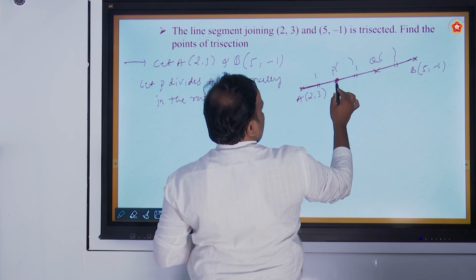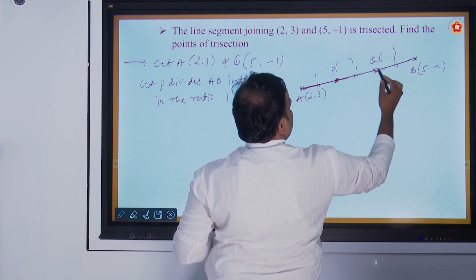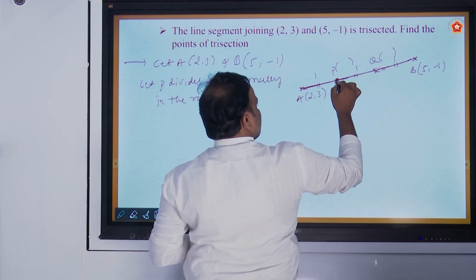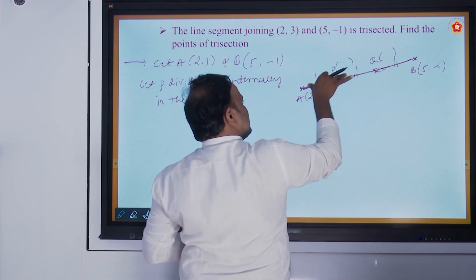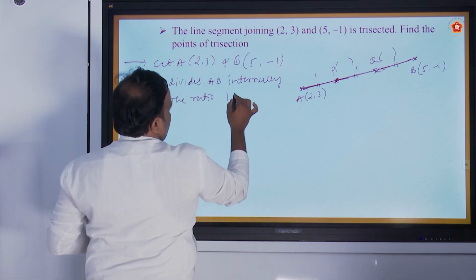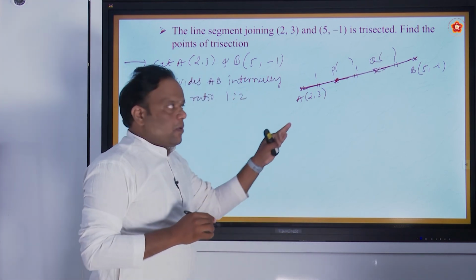P divides this point here, one part, and 1 plus 1, 2 parts here. So P divides internally in the ratio 1:2. Correct? Take ratio 1:2 for the point P.